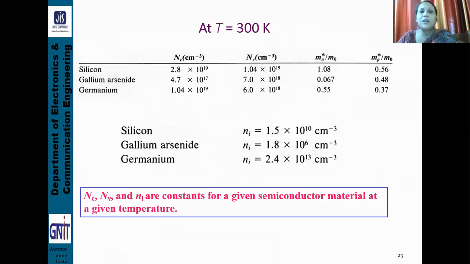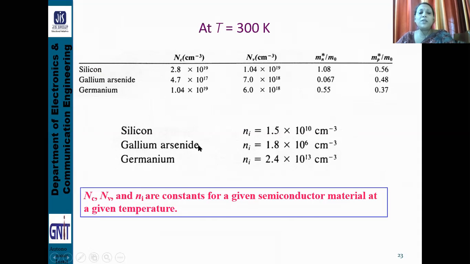So this is the charge carrier concentration, electron and hole concentration, at 300 degrees Kelvin for silicon, germanium, and also the compound semiconductor gallium arsenide. So moving to our next slide, this shows the intrinsic carrier concentration at 300 degrees Kelvin of silicon, germanium, and gallium arsenide.